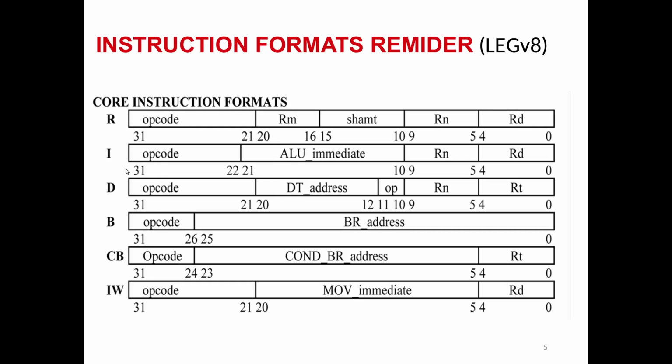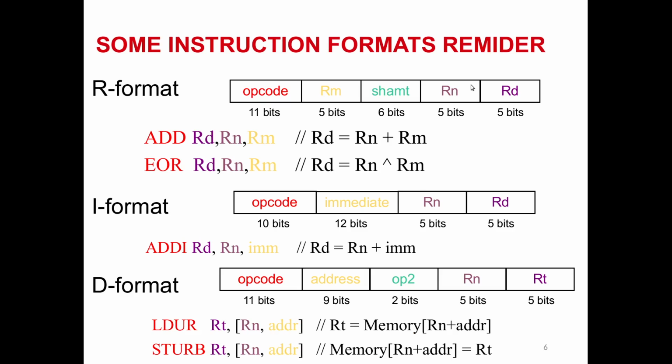All of them have the same length, 32 bits, from bit 0 to bit 31, but they have different lengths in opcode, Rm, Rn, Rd, and so on. We will concentrate on three formats that we already learned in your lectures and already tried last time, in lab 0. The first is R format.